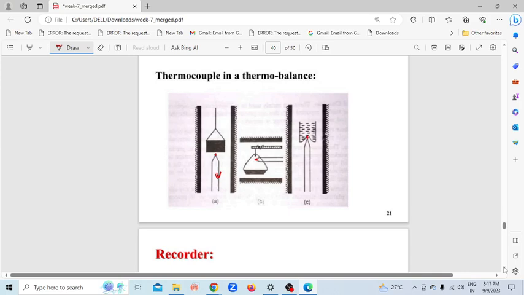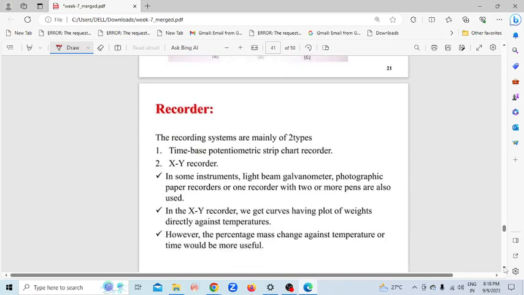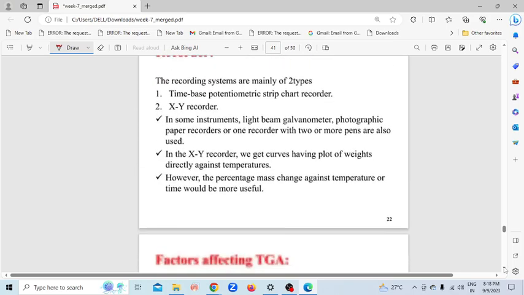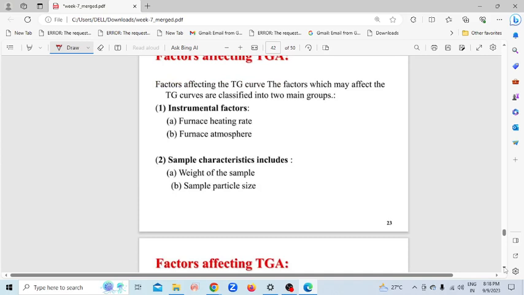Obviously this technique will provide more accurate results because the thermocouple is touching the sample, so whatever change in temperature occurs will be instantly noticed. So this technique will be more accurate compared to A and B. The recorder is already covered.